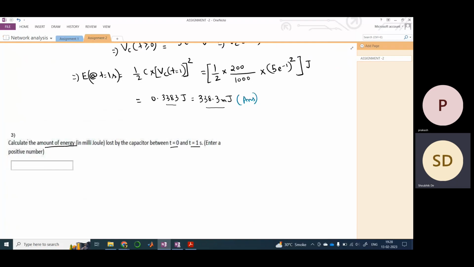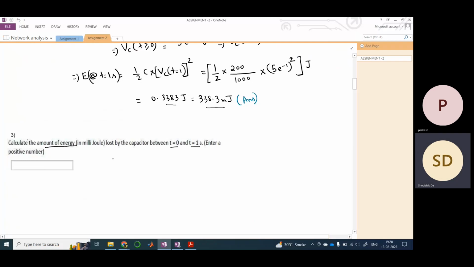Since this is exponentially decreasing, at t equals 0 the energy stored in the capacitor would be greater, and at t equals 1 it would be less. So the difference between these two would give me a number.